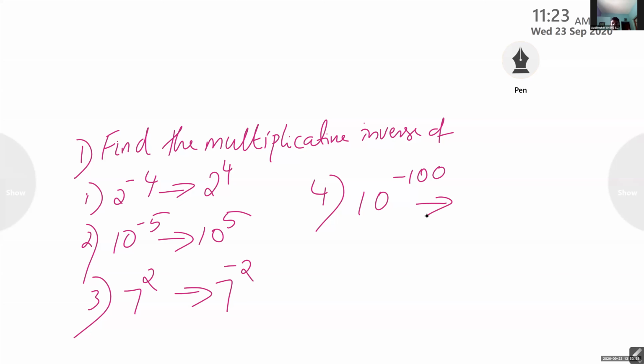And 10 raised to 100. Good. So for getting multiplicative inverse, just change the sign of the power.